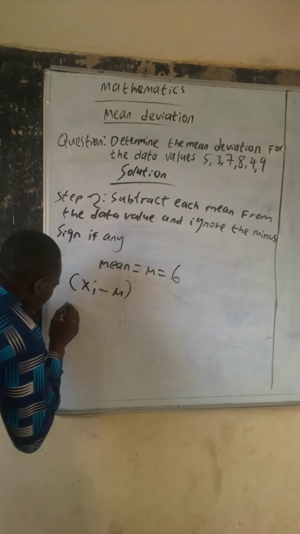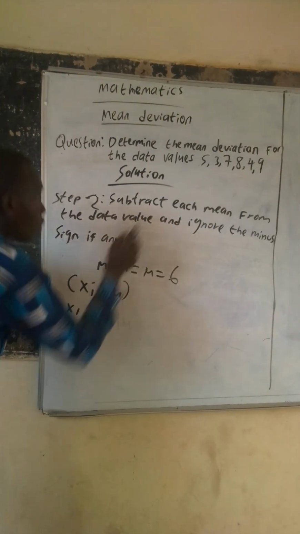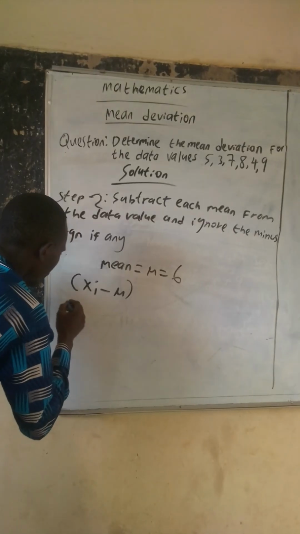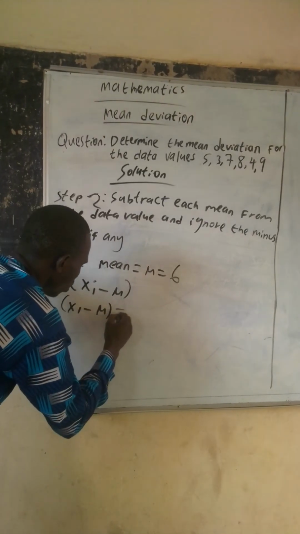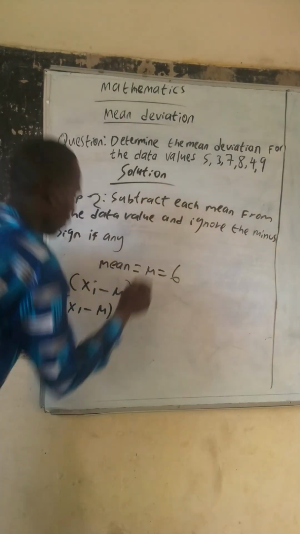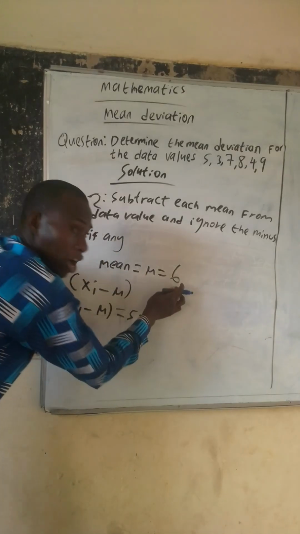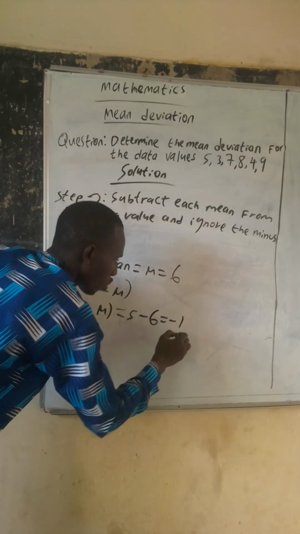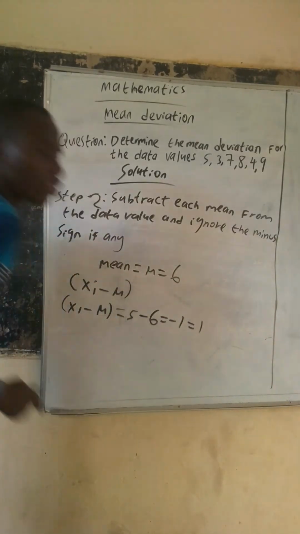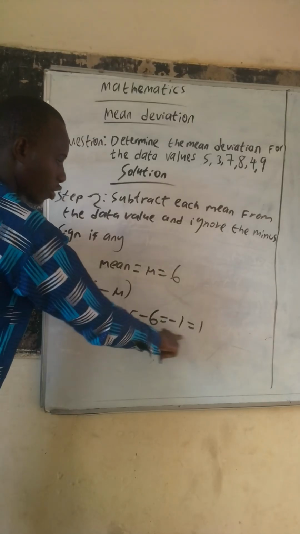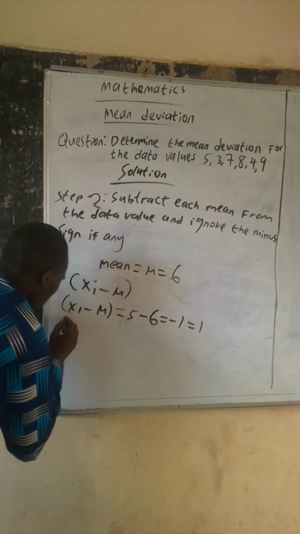Let's start with x1, which is 5. We have 5 minus our mean, 6, which equals minus 1. When we ignore the minus, we have 1.